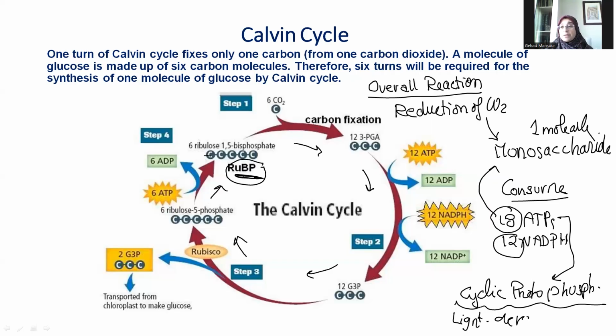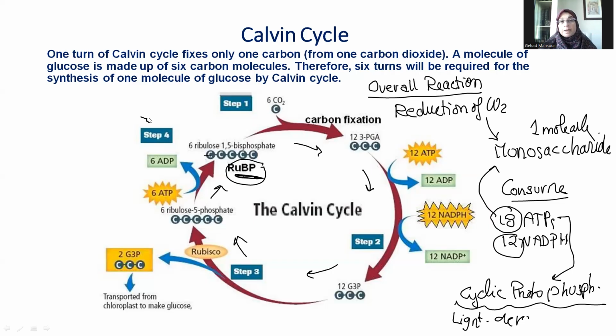Every now and then we have to stop the common linear photophosphorylation and replace it by cyclic photophosphorylation, which produces only ATP, does not produce reduced NADP, and whose aim is not to synthesize glucose. It has only one aim, to produce ATP and therefore to replenish the stores of ATP.